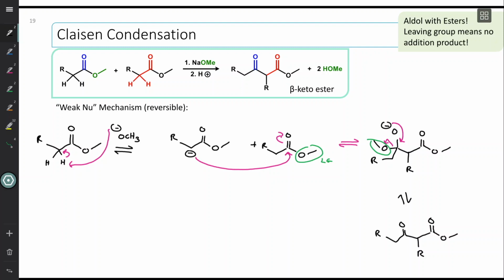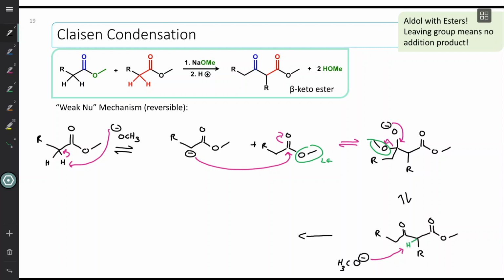And now it is very important that you don't miss this next step. You think, oh, I'm at my product, I'm done, but I'm not. This is a very acidic hydrogen, and I have just generated this leaving group, a good leaving group, but also a very strong base. So there's no way it's going to leave that proton there. So it will deprotonate, and this is an important step because it drives the whole reaction forward.